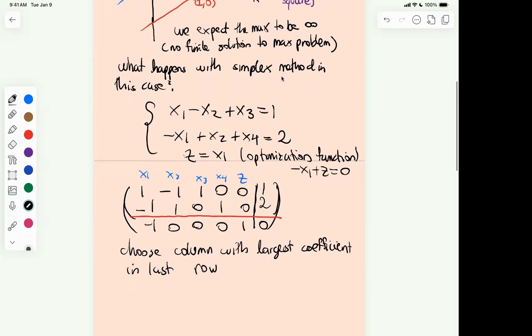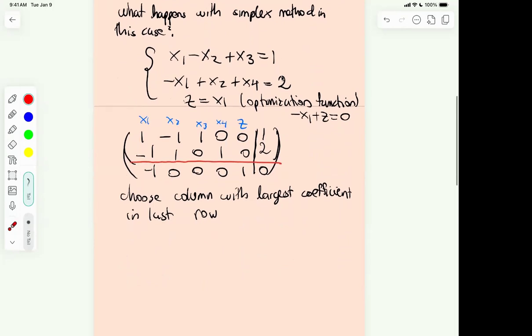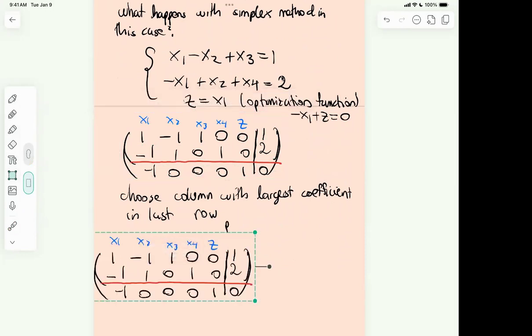In this case, there's only one column with a negative coefficient, right? Which is the first column, which makes sense because the function was just x1. So that's the only variable that we can increase at the beginning. So I'm going to focus on column 1.